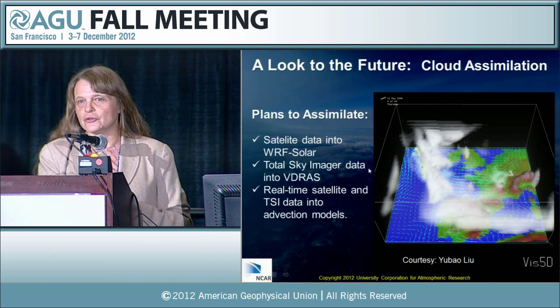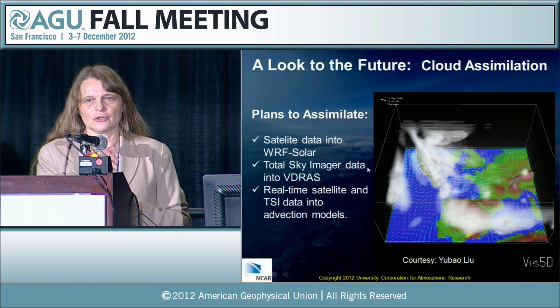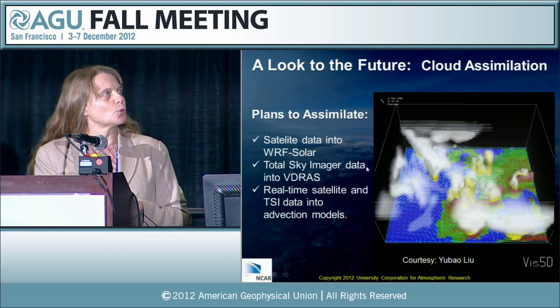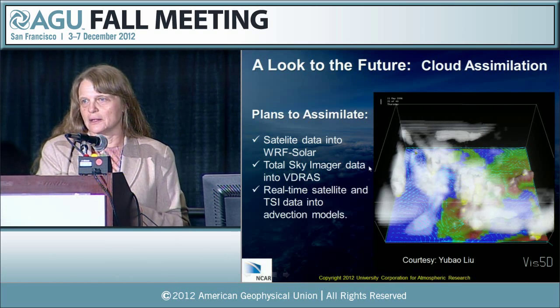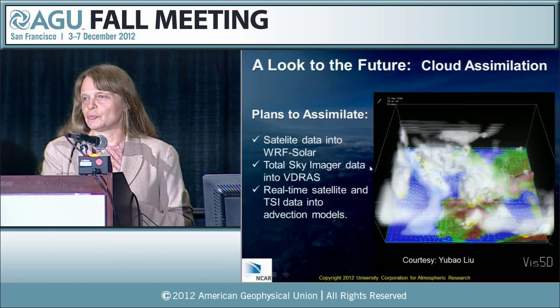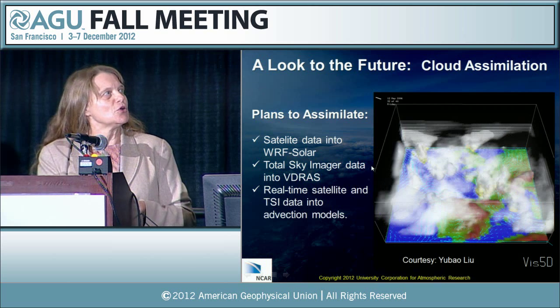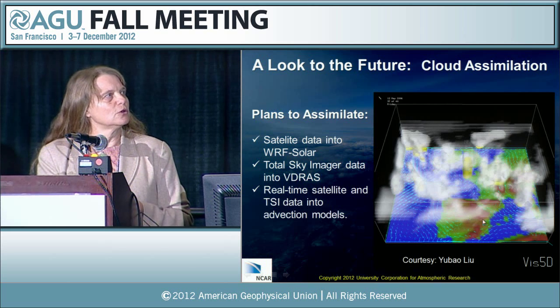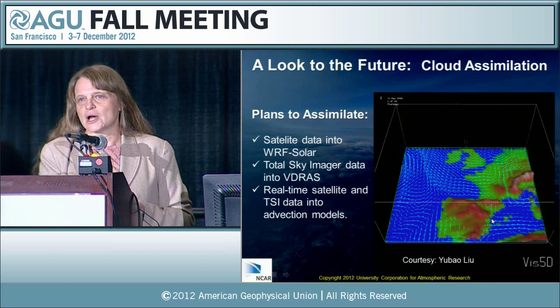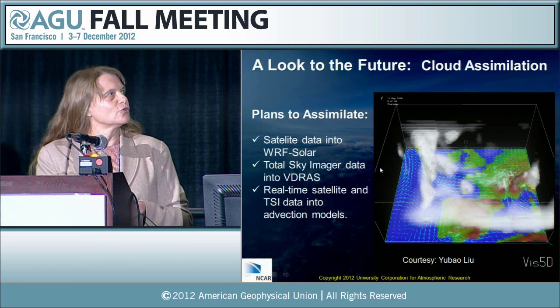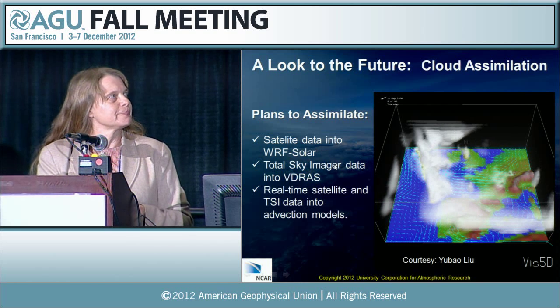How are we going to do that? With assimilation. On the longer scales, we're going to be assimilating satellite data into a special form of WRF that is configured specifically for solar power prediction, that includes enhanced cloud physics parameterizations, convective parameterizations, etc.